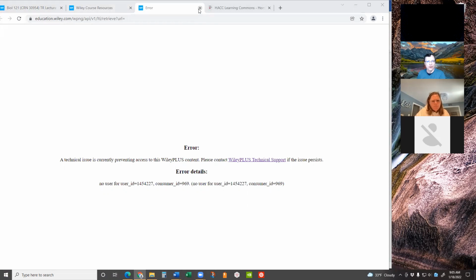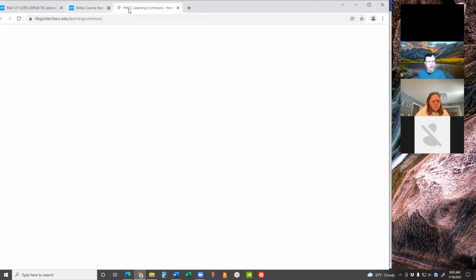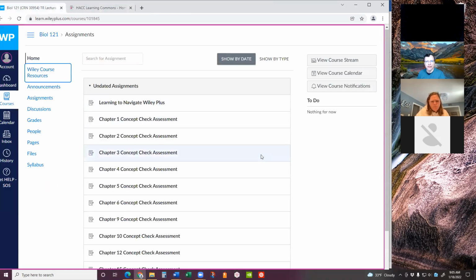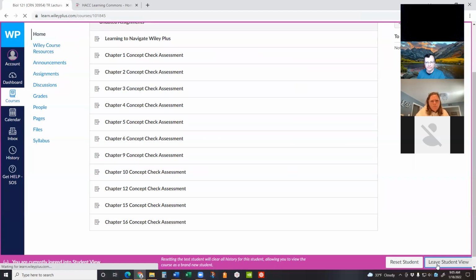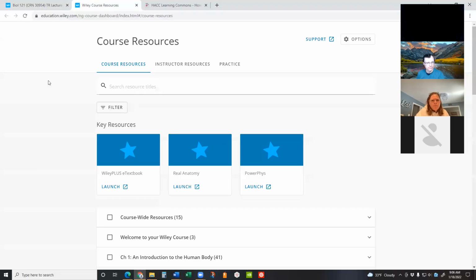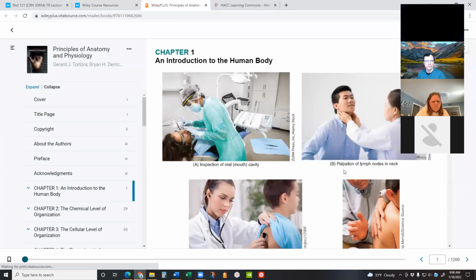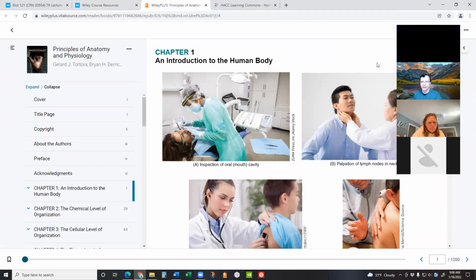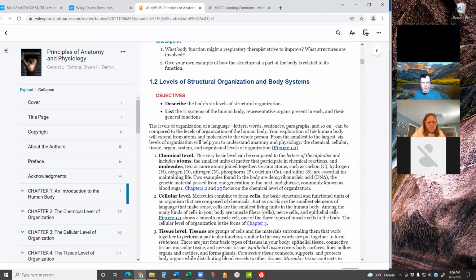Let me see if I can back out of the student environment here and see if I can access this as an instructor, because I should be able to do that. I'm going to try once again. Okay, that is much better. At this point, you can in fact see your textbook.